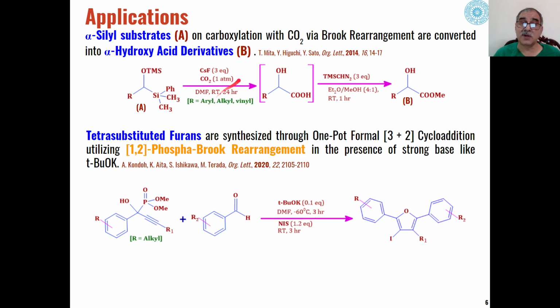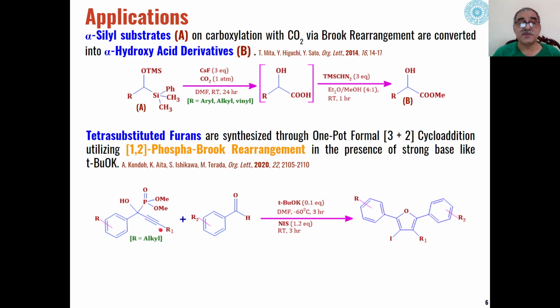So carboxylation of these alpha silyl substrates via Brook rearrangement, they get converted into alpha hydroxy carboxylic acids, which on reaction with other substrates are converted into alpha hydroxy acid derivatives. So basically from here to here we are having a Brook rearrangement.